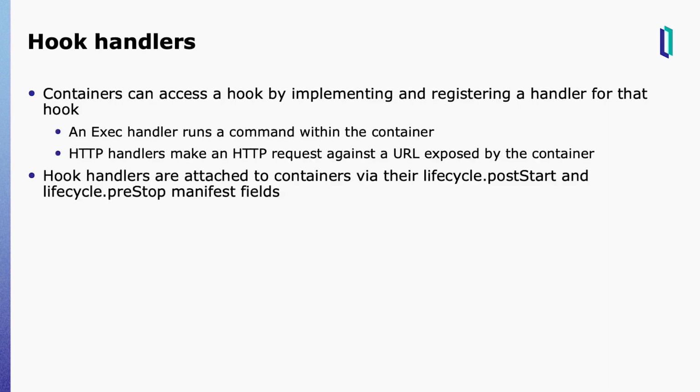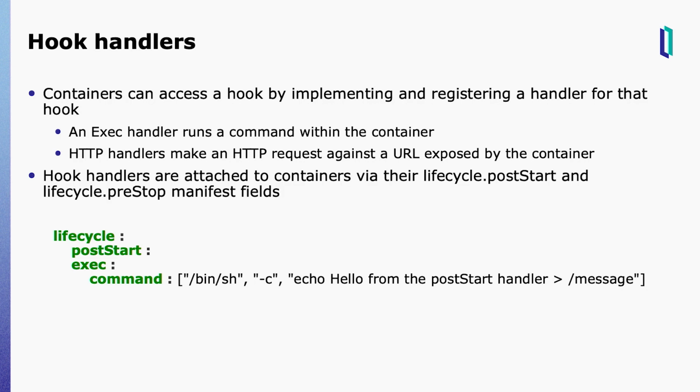So again, you define them in a config file. Here's an example: you define them under the lifecycle directive in a manifest file. And again, you're familiar with this now. You can see we can specify, and it can take different formats. Here we're executing a command which, on startup, is just going to write to a file: everything's okay, we're all good.